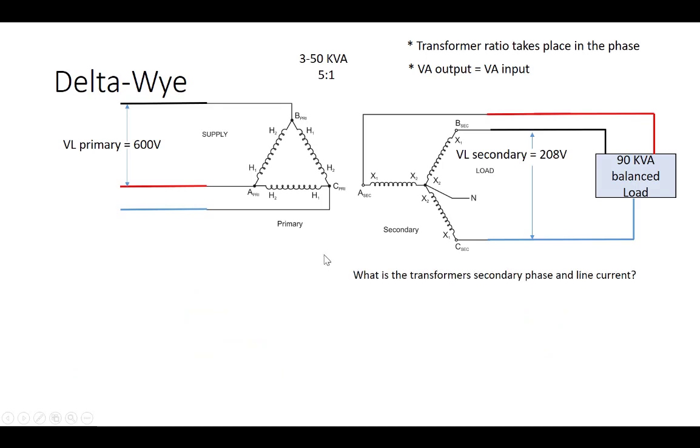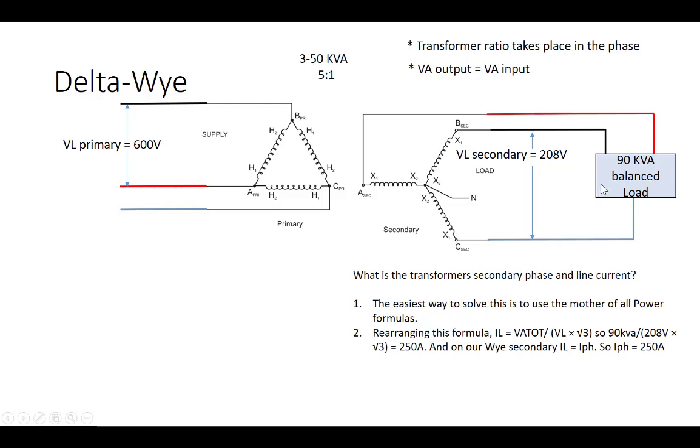And another way to look at this delta Y connection is to connect a load on the secondary. In this case, we're connecting a 90 kVA balanced load at unity power factor on the secondary. And the secondary phase current, the easiest way to do it is just to use the mother of all power formulas and rearrange it.